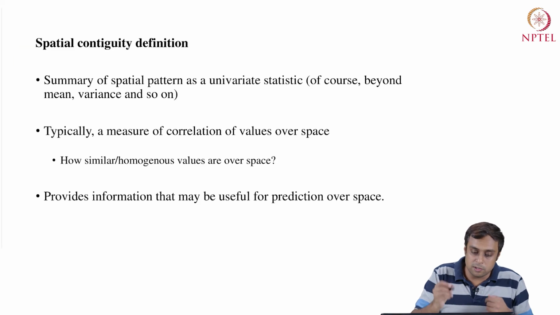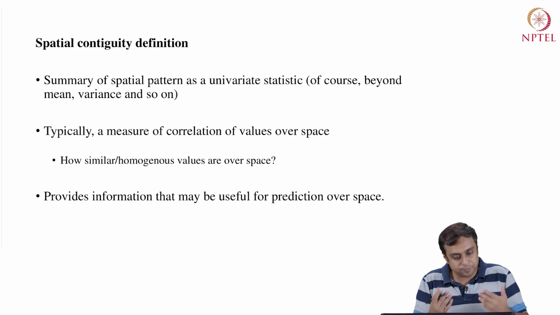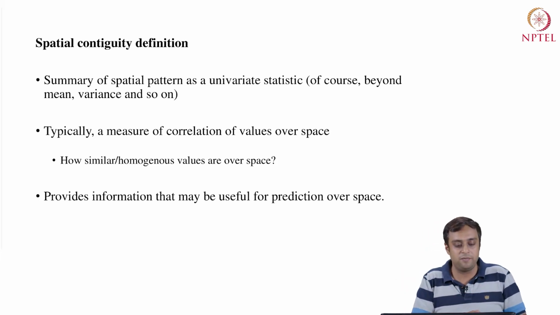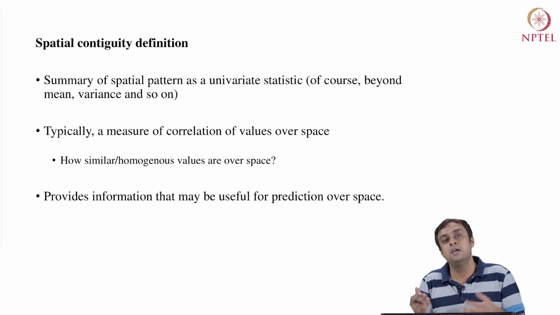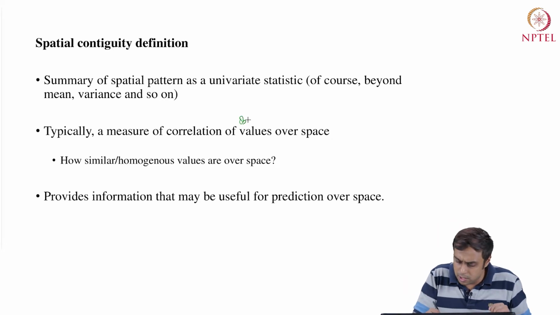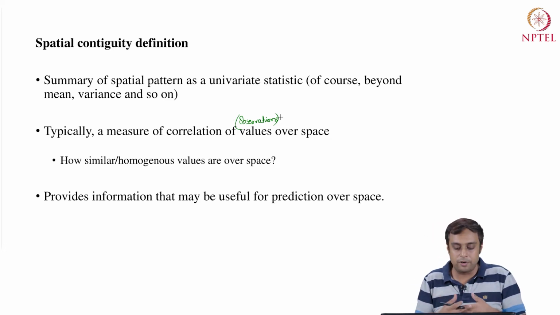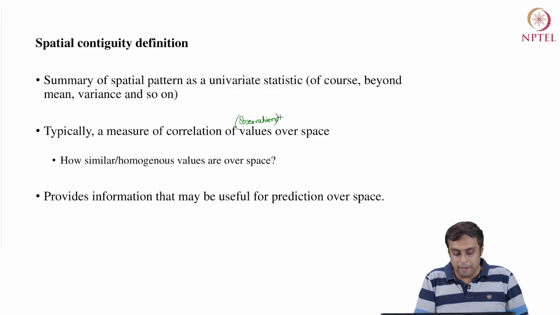Okay, let's provide a definition of spatial contiguity. It is a summary of spatial pattern as a univariate statistic, just like mean and variance, but beyond mean and variance. It is typically a measure of correlation of values over space, values being data observations. So observations in space, and it's a measure of how similar or homogeneous these values are over space.